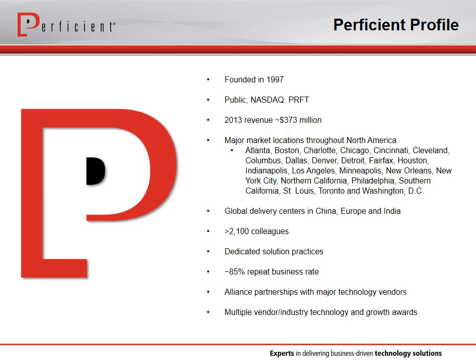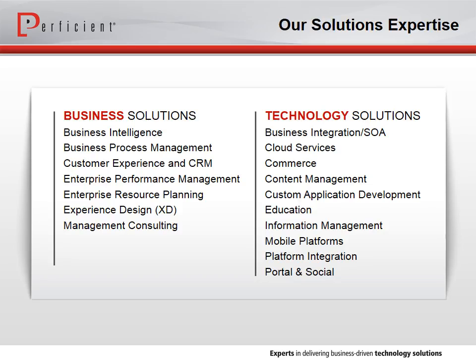And again, as you can see here, repeat business is one of our main focuses that we like to talk about. Again, we want to build partnerships with organizations and not just be a consulting organization that is just implementing solutions. And this slide shows some of the areas that we focus on across our global consulting organization, where we bring expertise around various business and technology solutions to our clients.